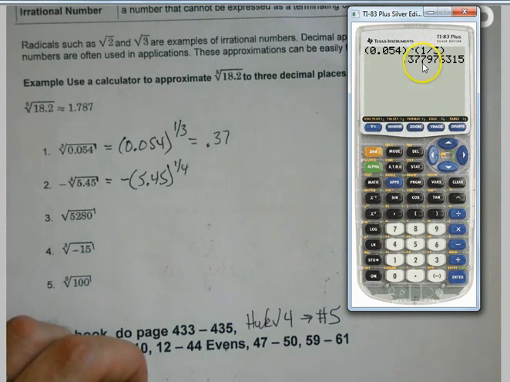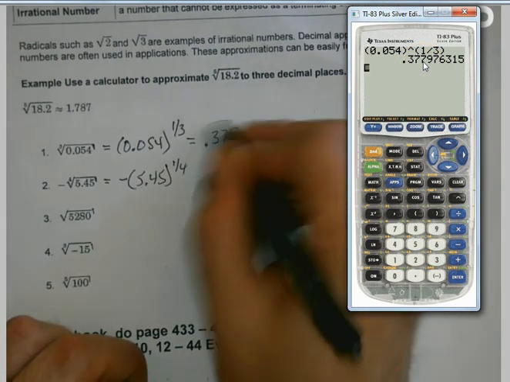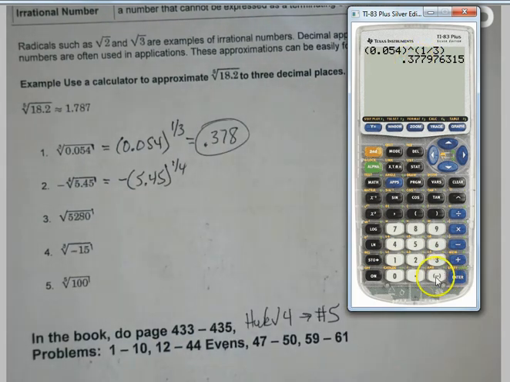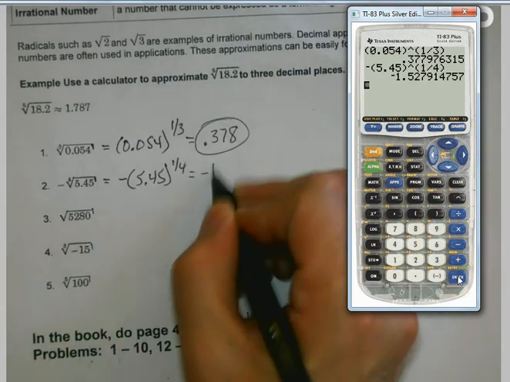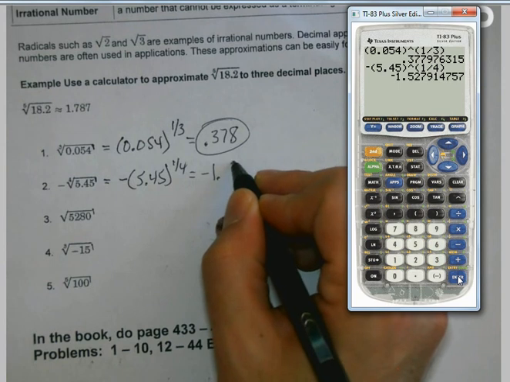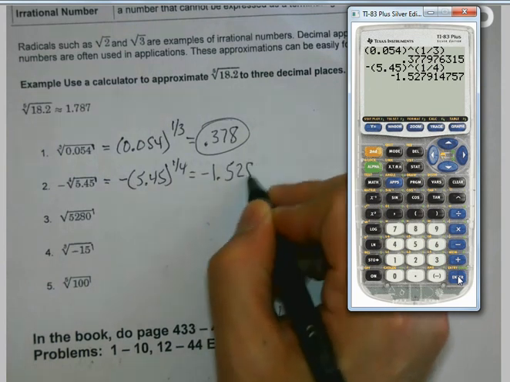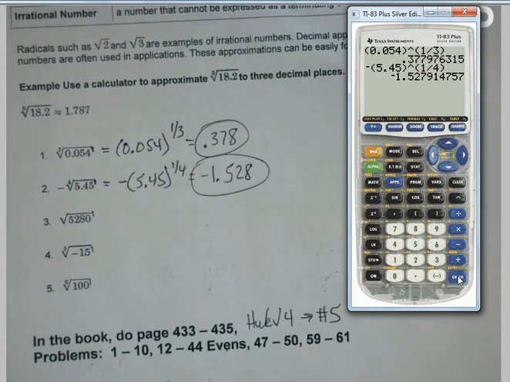What's this third number going to be? 8. And all I'm doing with all of these as I keep working on them, again, when it says 3 decimal places, that means after the decimal point, not just 3 numbers. So negative 1.528.